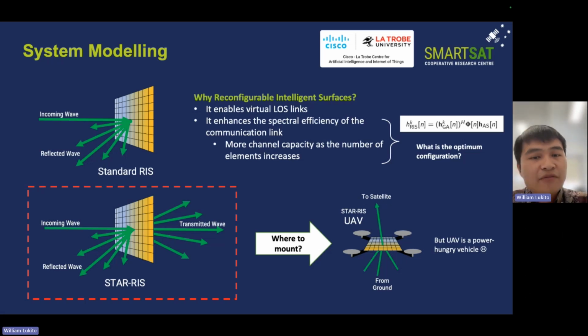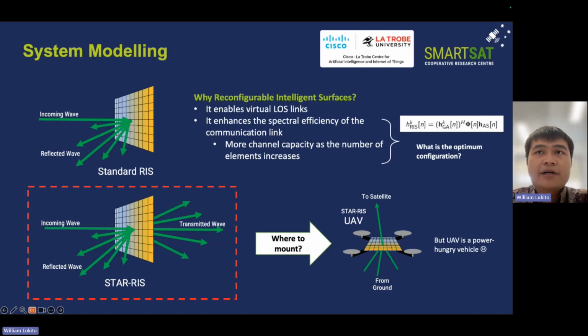But the first question we have when we try to utilize RIS is what is the optimum configuration we need so that the STAR-RIS can achieve maximum spectral efficiency. That is the very first question. The second question is related to how we mount the STAR-RIS, as mounting it in a static position might not be optimum because of the dynamic nature of LEO satellite communication.